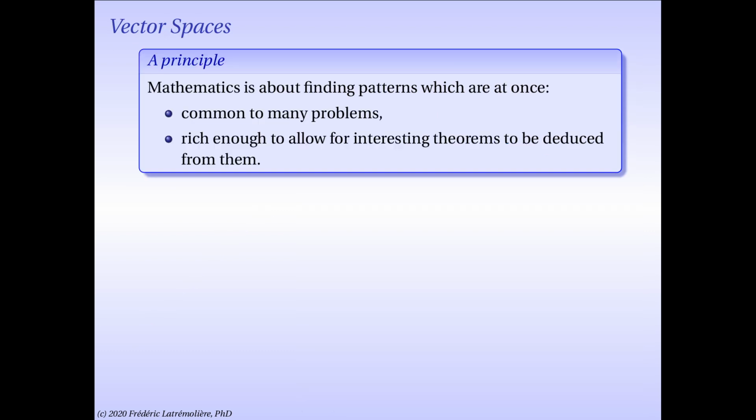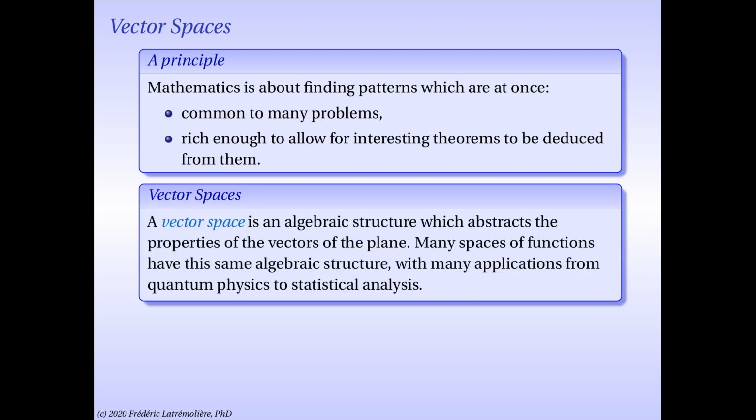Mathematics is about finding patterns which are at once common to many problems, yet rich enough to allow for interesting theorems to be deduced from them. In particular, a vector space is an algebraic structure which abstracts the properties of the vectors of the plane.